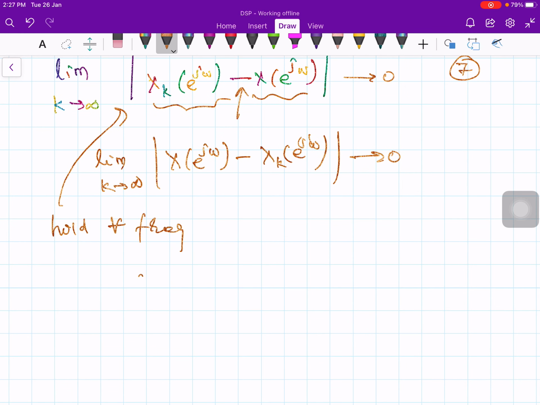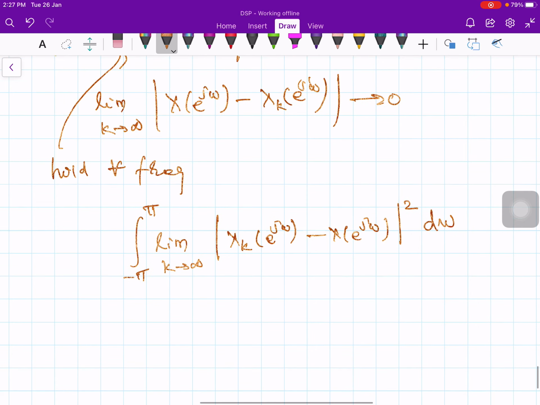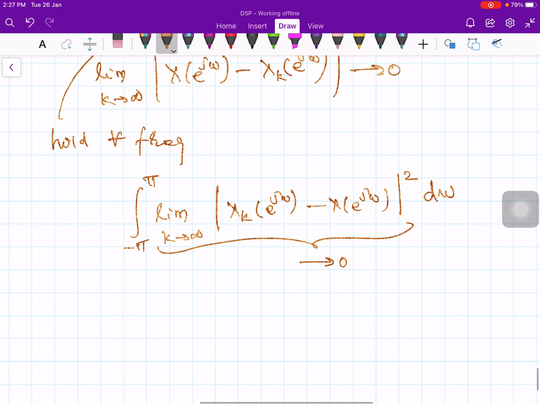Therefore, the integral, as k goes to infinity, of the magnitude squared of x_k(e^{j omega}) minus x(e^{j omega}), d omega, with limits minus pi to plus pi. Within this range, this error in energy must go to 0. So this is another way of satisfying the existence of the discrete time Fourier transform.